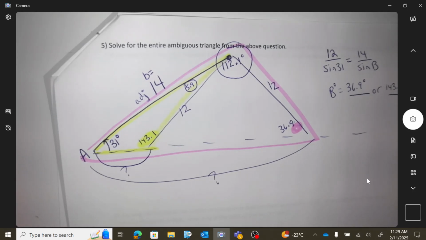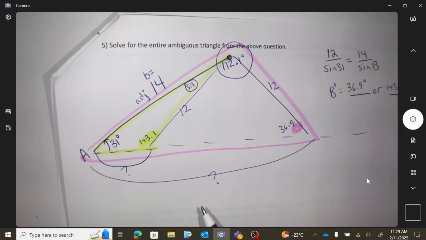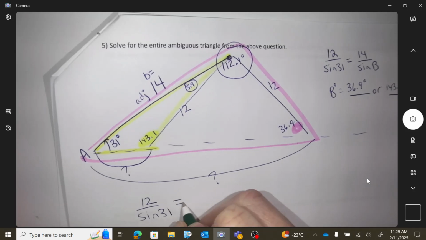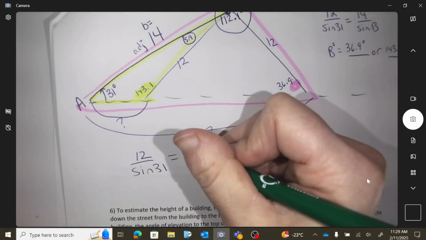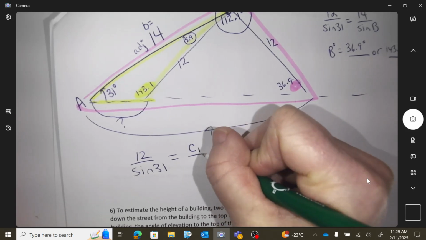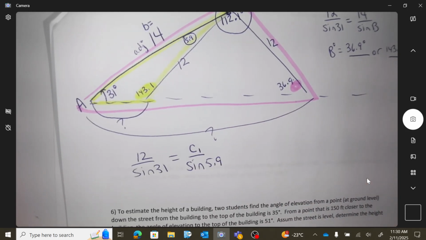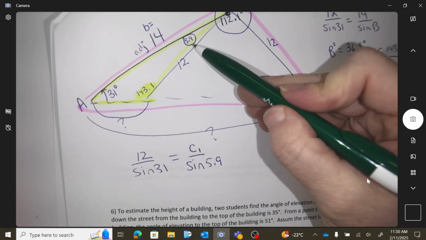Okay, so you're ready for your final step, the side at the bottom. Okay, so I'm gonna go 12 over sine 31 because I'm just gonna always stick to my original pair. I'm gonna call it C1. And then we said the top angle was 5.9. So this is my yellow.